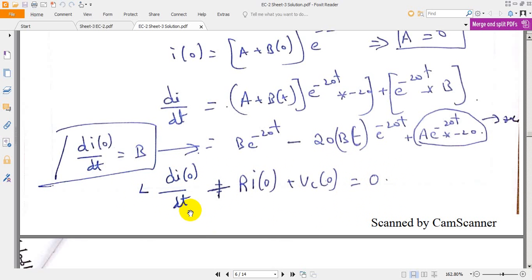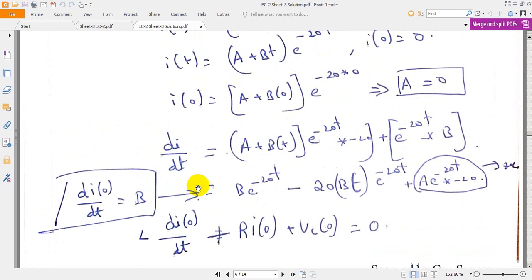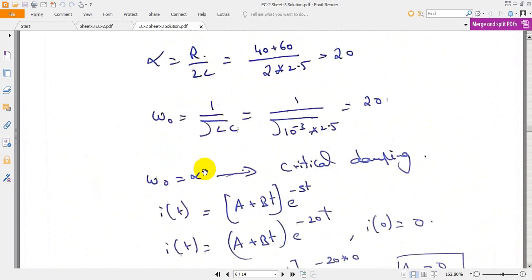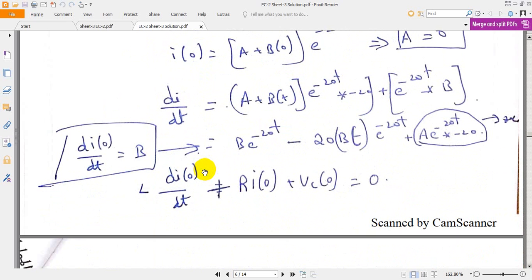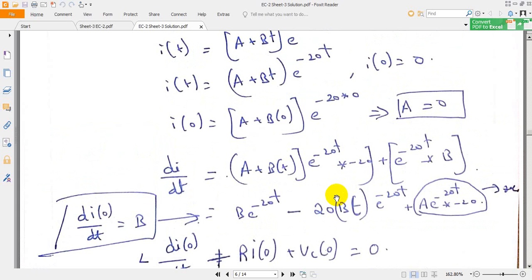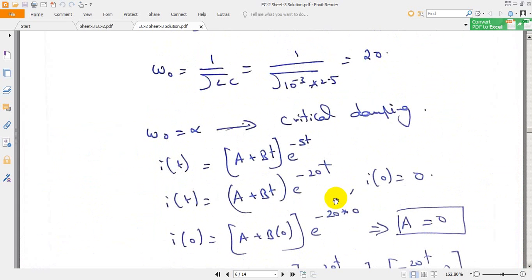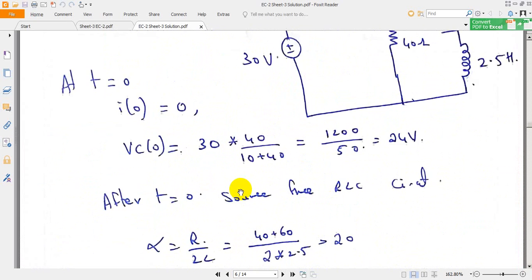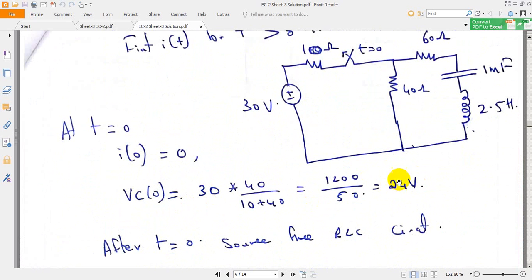The value of di naught by dt has been evaluated here. This value is equal to b, so L into b plus R into I naught, which is 0, plus Vc of 0, the voltage across the capacitance, Vc of 0 is 24 volts.